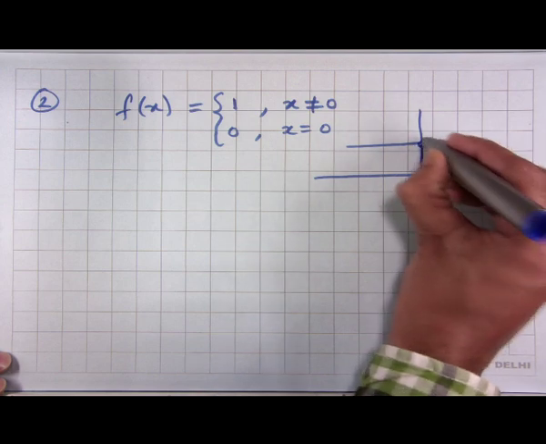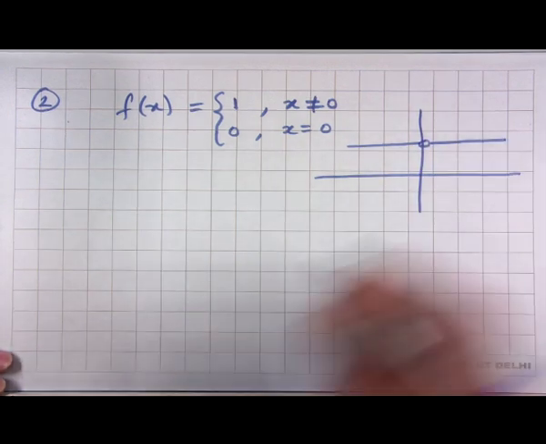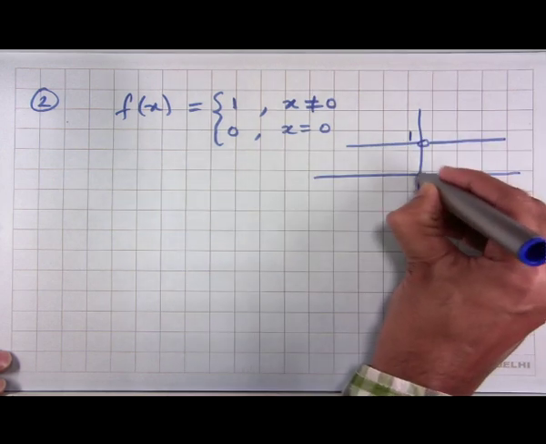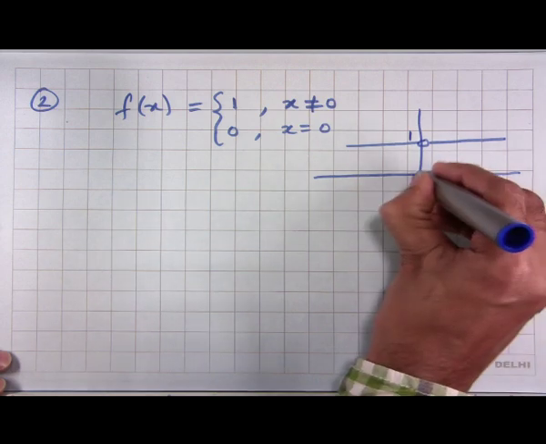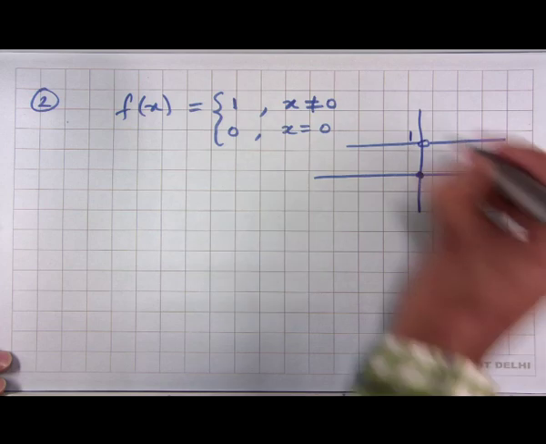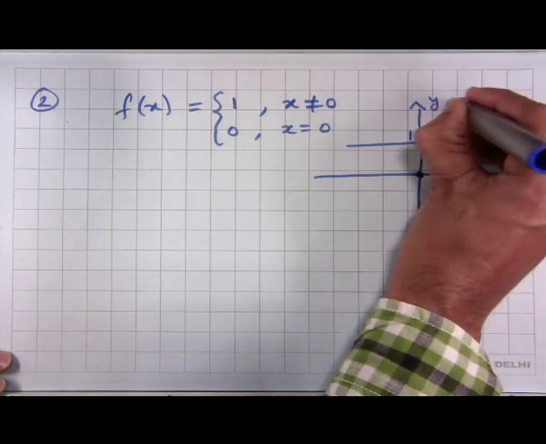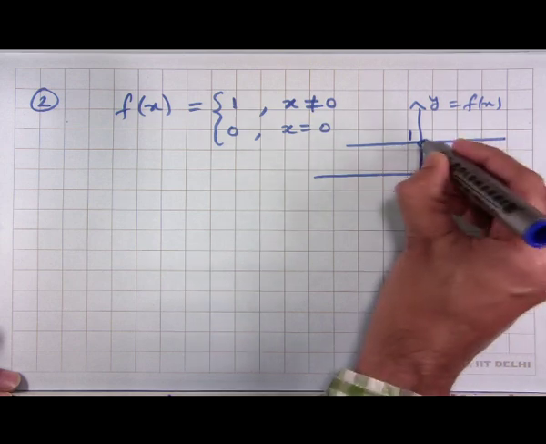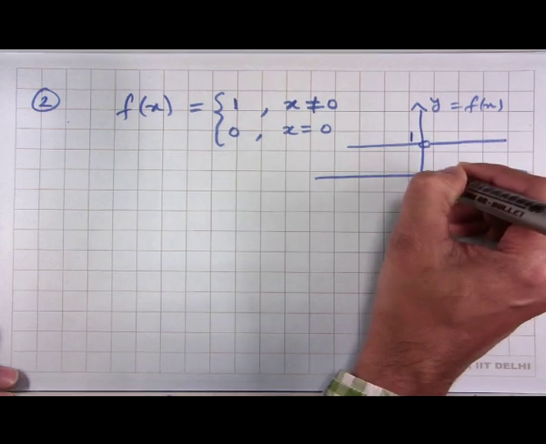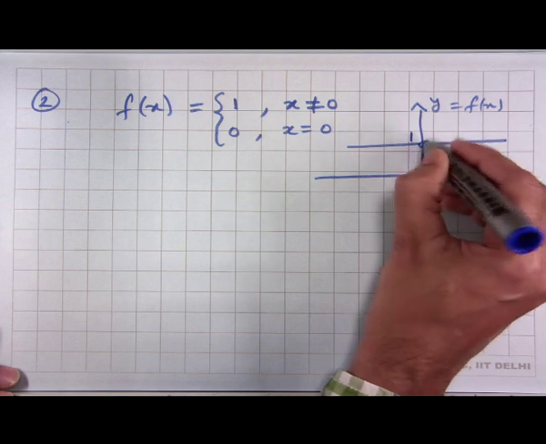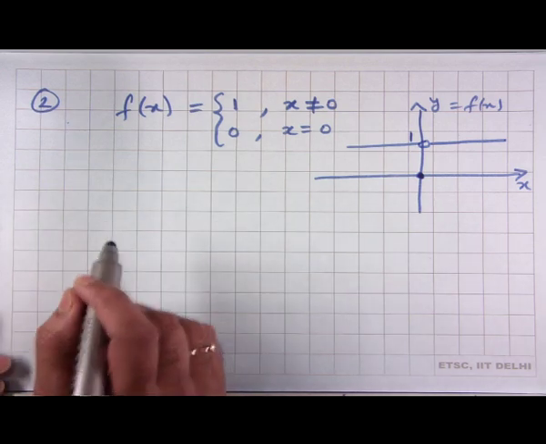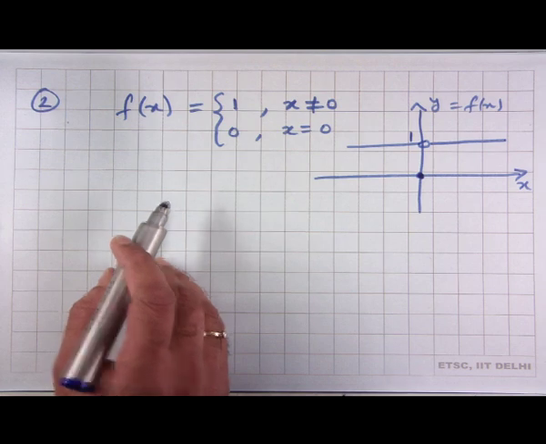So, we draw an open circle here, and this is the value 1, and at x equal to 0 this is 0. So, this is the graph of the function f of x. In this case again, by using the intuitive meaning, you can see that this graph is broken at this point 0 comma 1. So, the function is not continuous at x equal to 0.